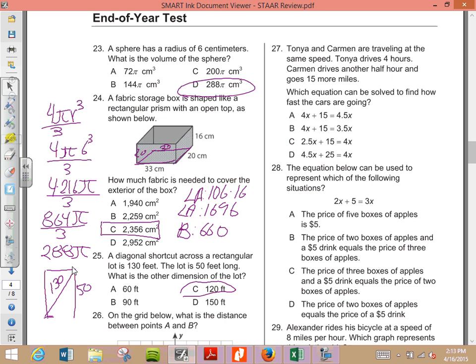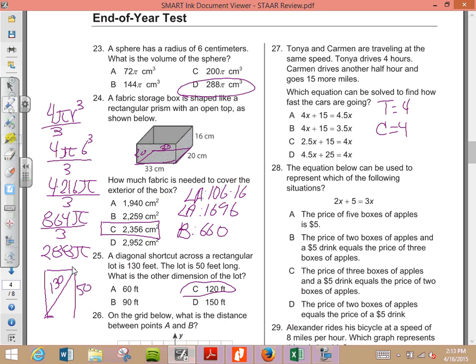All right, Tanya and Carmen are traveling at the same speed. They're going at the same speed, right? Tanya travels 4 hours. So far, Tanya and Carmen have traveled 4 hours each, right? And it says Carmen drove another half hour and goes 15 miles.